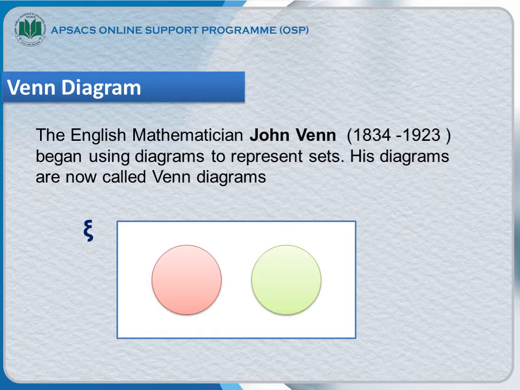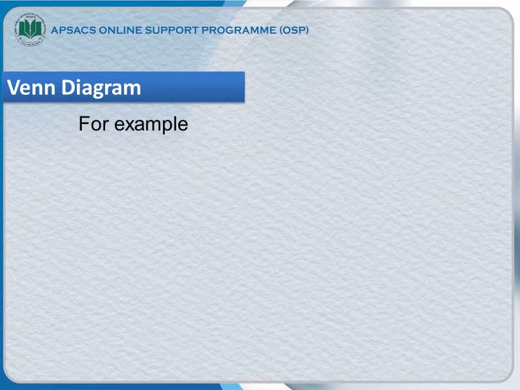The universal set is denoted by the Greek letter psi. Clear? This rectangular box shows the universal set, and the circle inside the rectangle shows the other sets. Okay? Let's take an example.